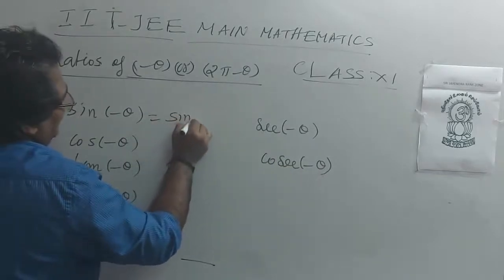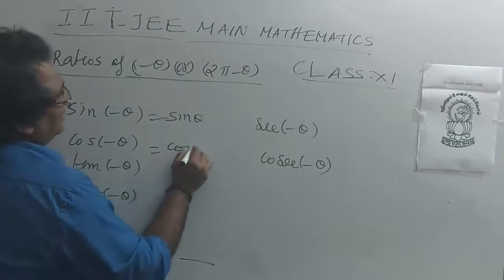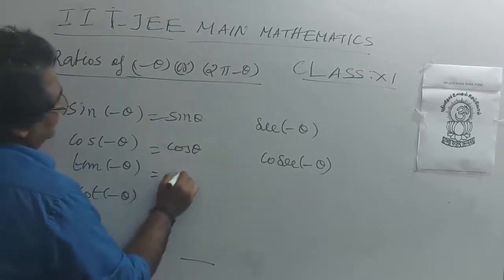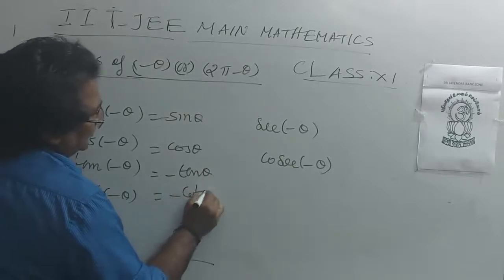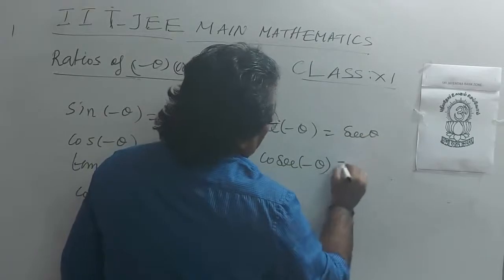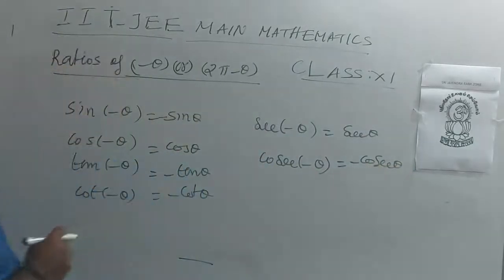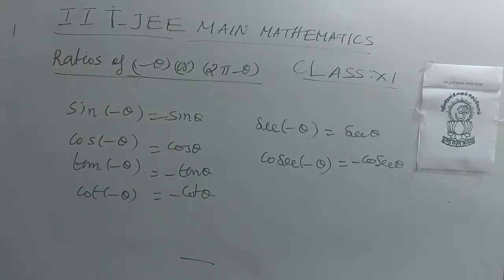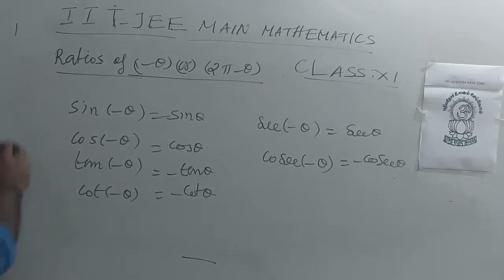Sin of minus theta is minus sin theta, plus cos theta, minus tan theta, minus cot theta, plus secant theta, minus cosecant theta. So you have to remember all these results.